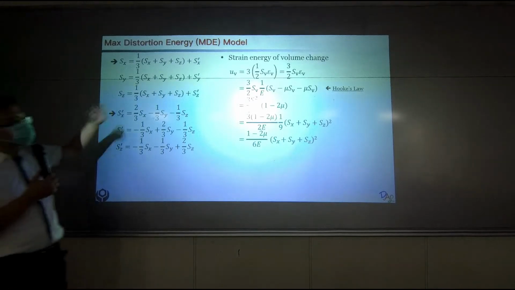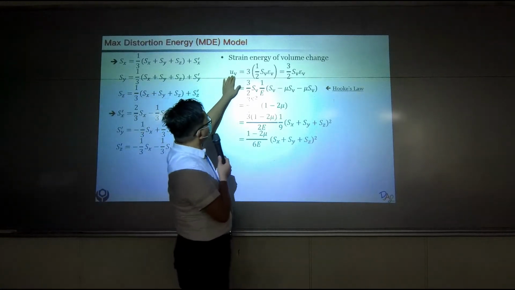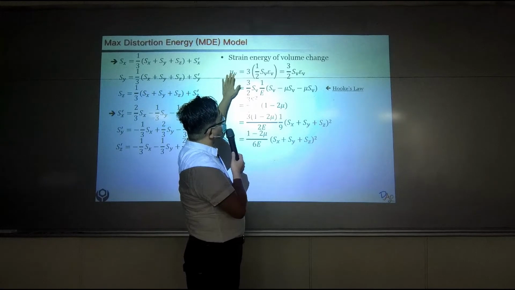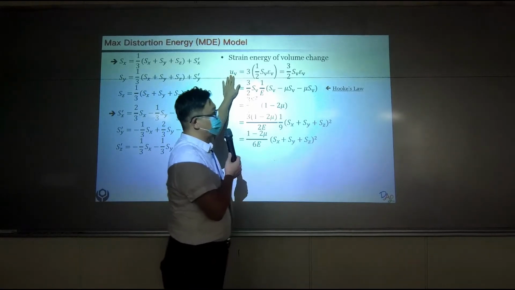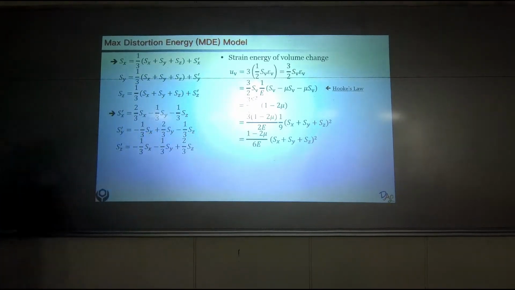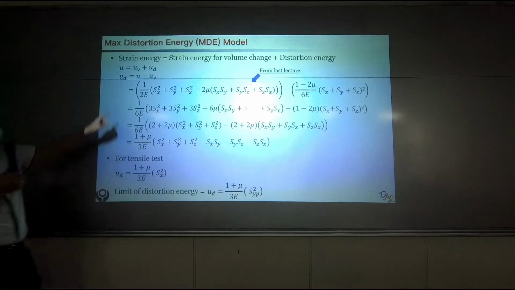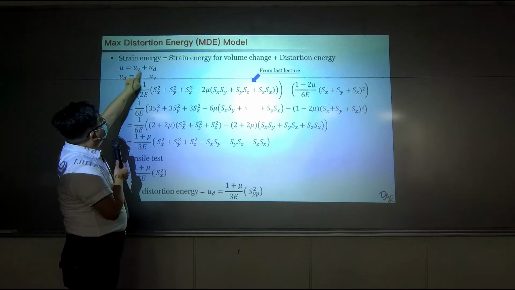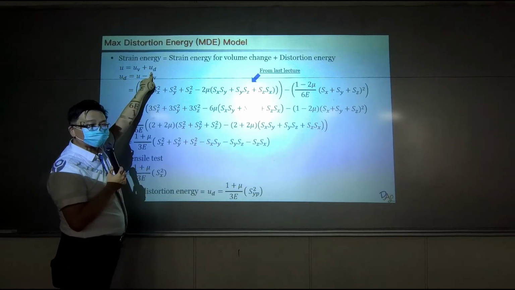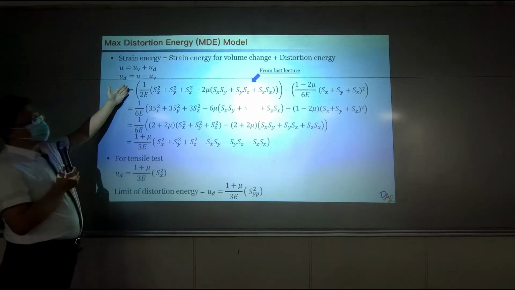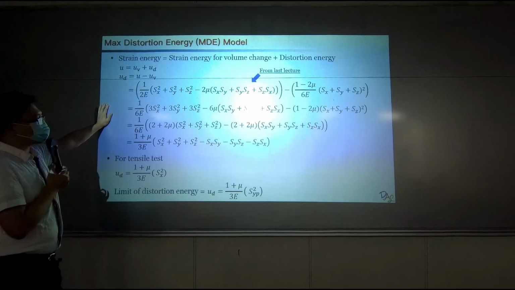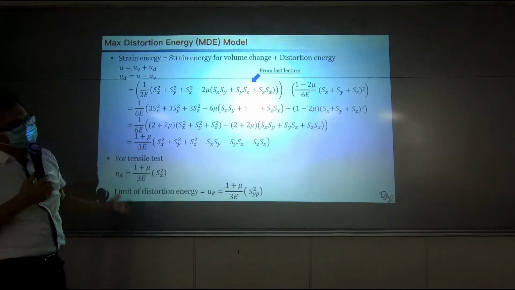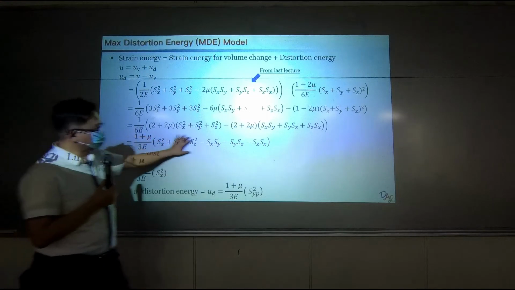With certain derivation at the end, the strain energy for volume change was calculated. And since we already know the strain energy, we know this, and we derive this, then we can calculate UD, the distortion energy. So it's a long mathematical equation, but if you are patient, you can reduce it to this.